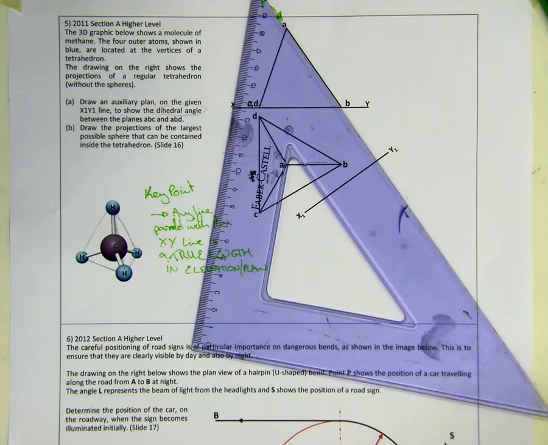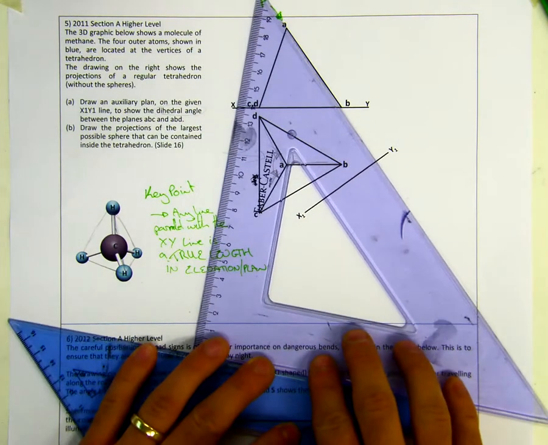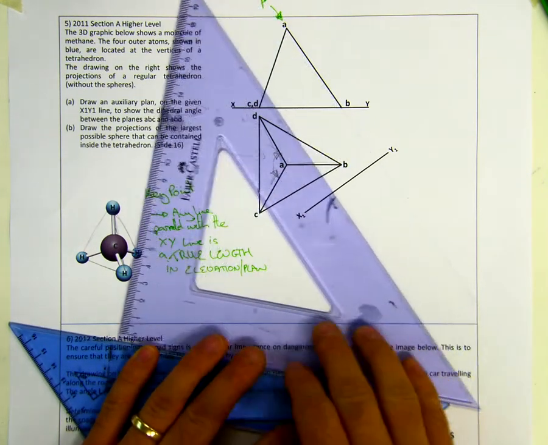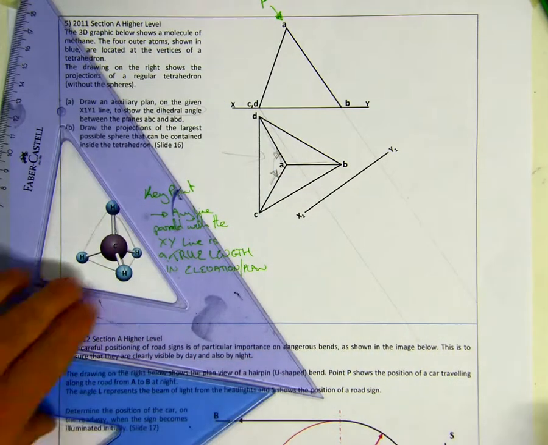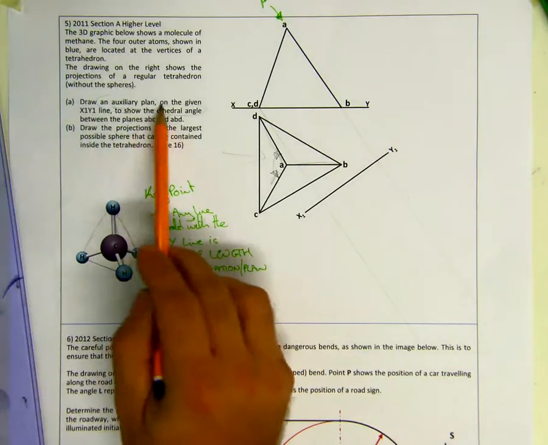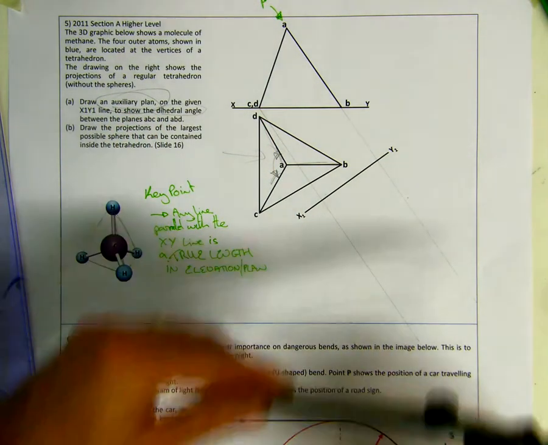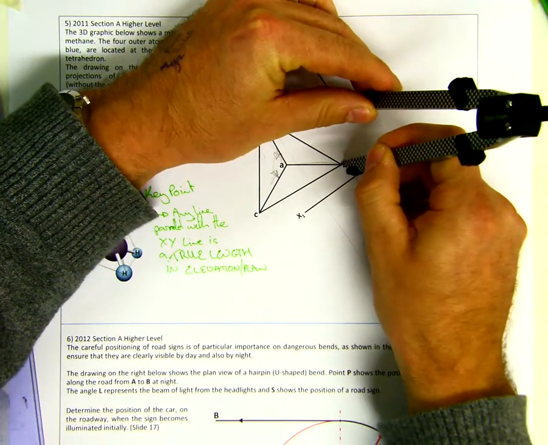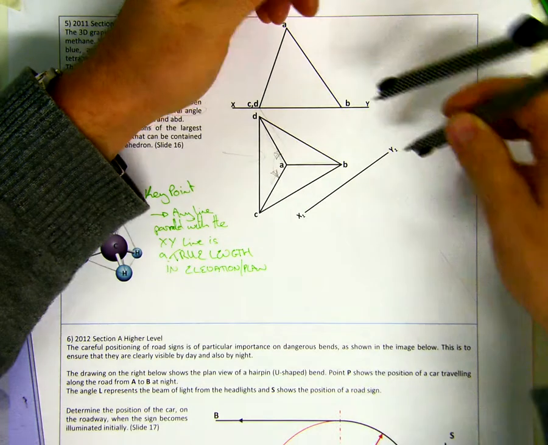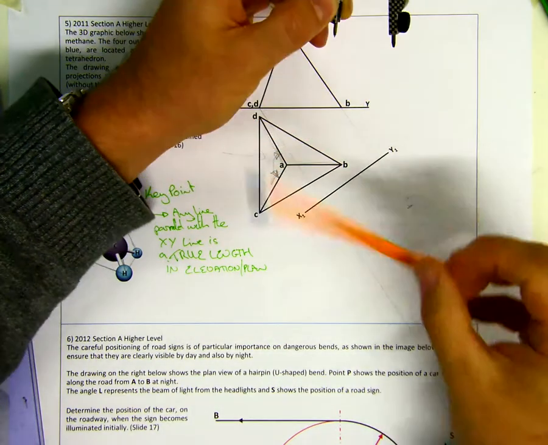We know that C and D are going to be parallel, so project our points out again. We're producing an auxiliary plan from elevation, so we have to take our distances from plan. So we need to get our distance for A and for B. So here's B. B and A are the same distance and are also on the same line. So there's A and B.